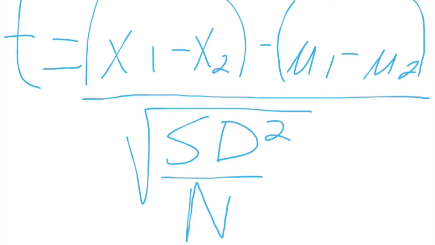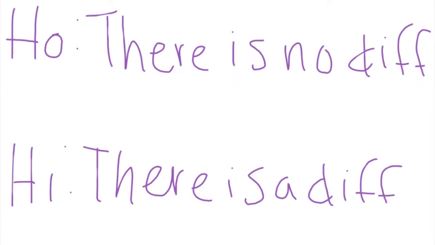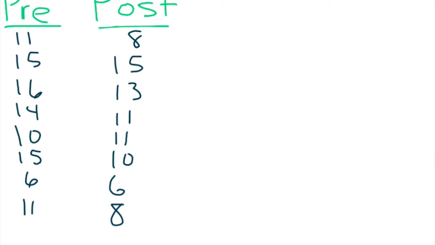Based on the information provided, we have determined that we will be using a dependent t-test to identify the difference between practice and fatigue on muscle strength. Our null hypothesis is that there is no difference, and our alternative hypothesis is that there is a difference.